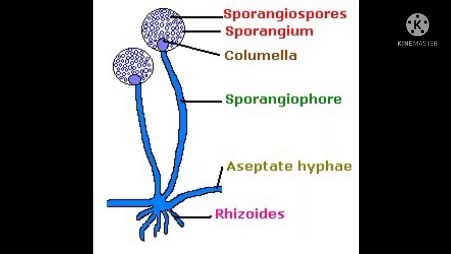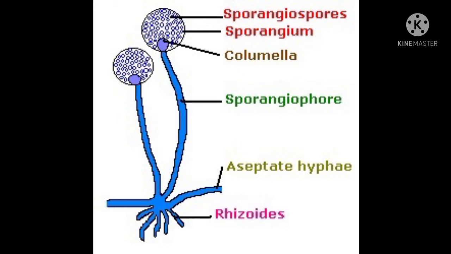Now this is the structure of the fungus. When we see the fungus under the microscope, it looks like this. The round circular part is the spores of the fungus, that you see on the outer side, green color, and from these spores only the fungus grows, it reproduces from these spores only.